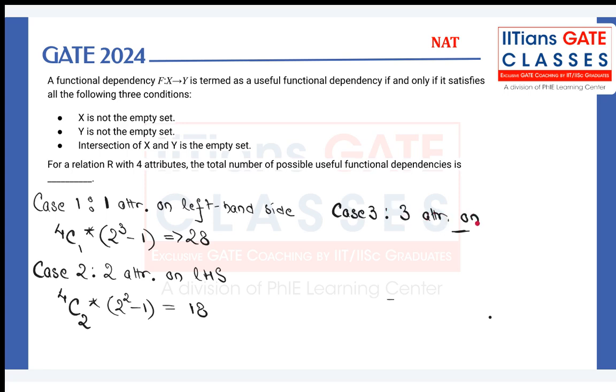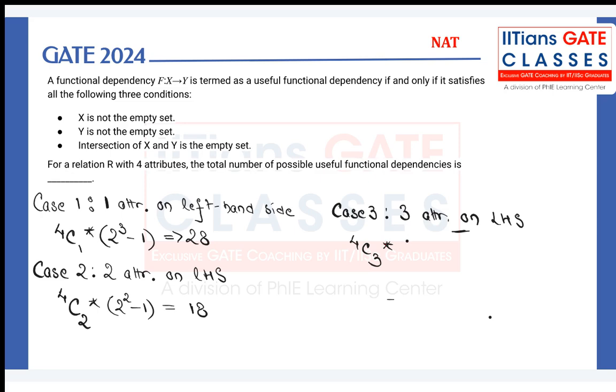How many ways can I choose the left hand side? 4 choose 3, right? Good, very good. And if I have selected 3 attributes on the left hand side, I have only one spot left because there are in total 4 attributes.